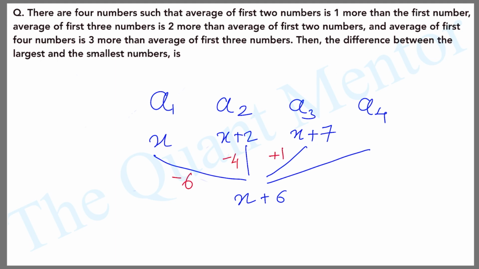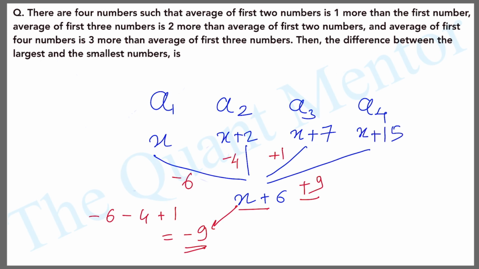So together, all these three terms have a net deficit of minus 6, minus 4 plus 1, minus 10 plus 1 is minus 9. So all these three terms together have a deficit of minus 9 from the average. To compensate, the last term must have an excess of 9 from the average. So x plus 6 plus 9, the last term is x plus 15.